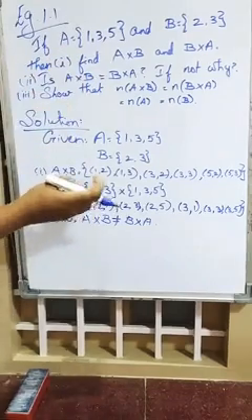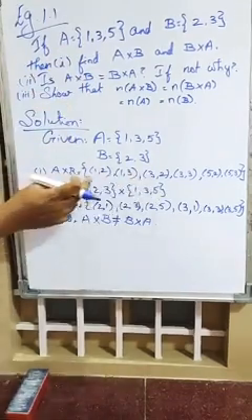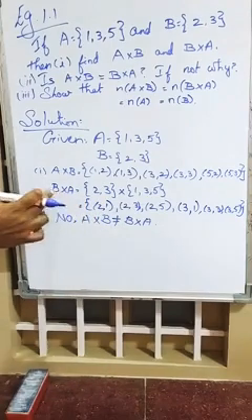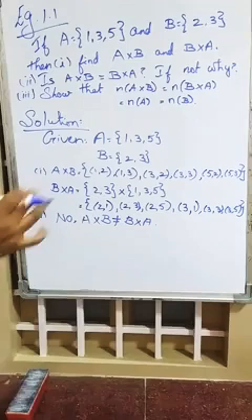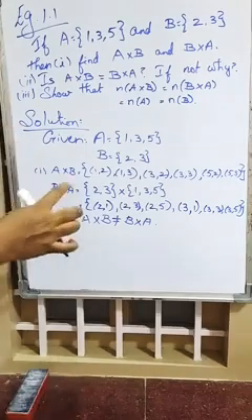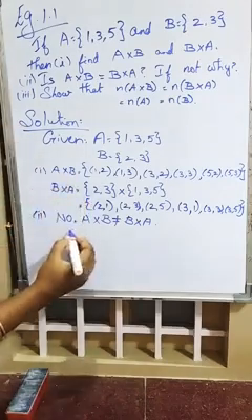Because the ordered pairs in A cross B are not the same when we compare them with B cross A. Therefore, these two sets, A cross B and B cross A, are not the same.